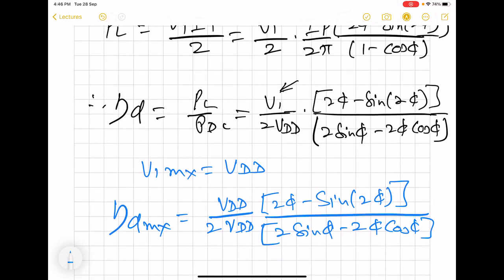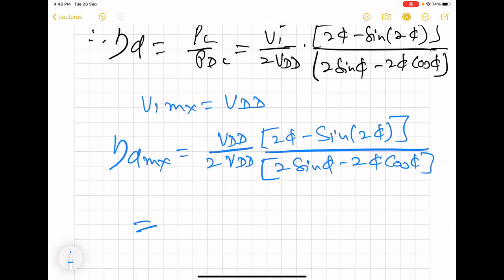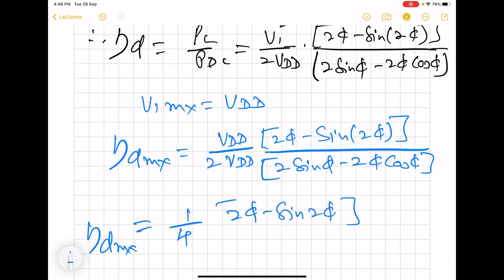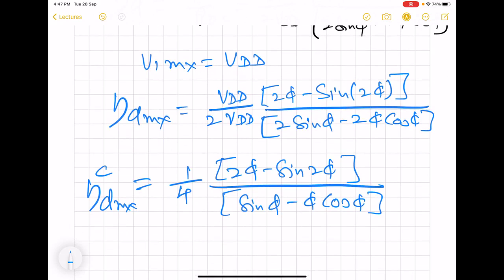Issue is that when we increase the amplitude, the phi, the conduction angle in general, is going to change. Let me first write the complete expression for the maximum drain efficiency. So this is for the class C.